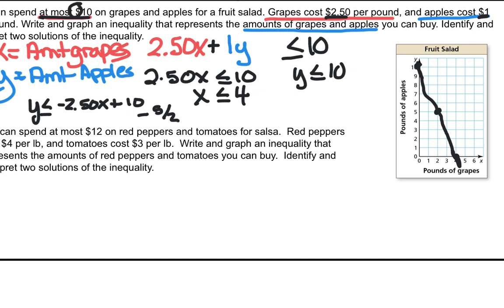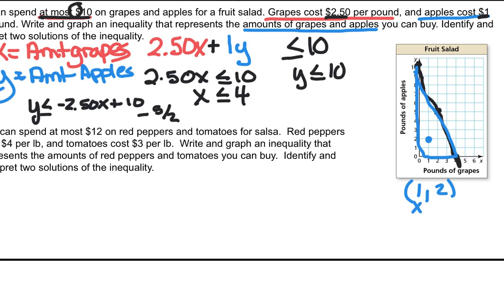All right, so it says identify and interpret two solutions. Well, where would our solutions be? It said that it's less than, right? So my solutions are going to be in this area, okay? So I can pick any point. So let's just pick a point here. And this is at the point 1, 2.